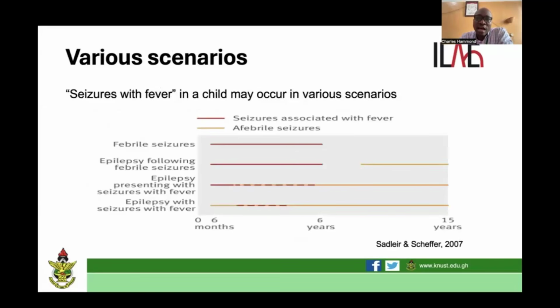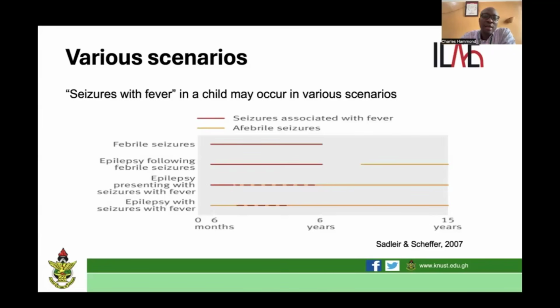They typically have only seizures and fever, usually in the age range of 6 months to 6 years. Then there are those who present with fever and seizure from 6 months to 6 years, but subsequently will have epilepsy following the febrile seizure.